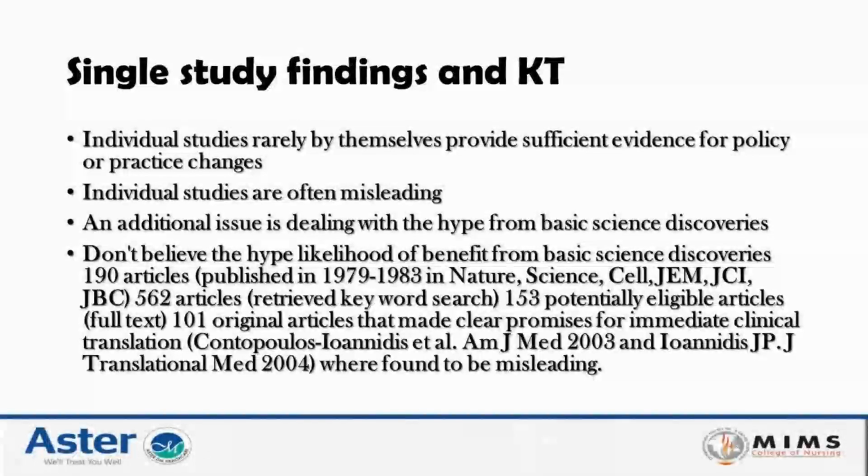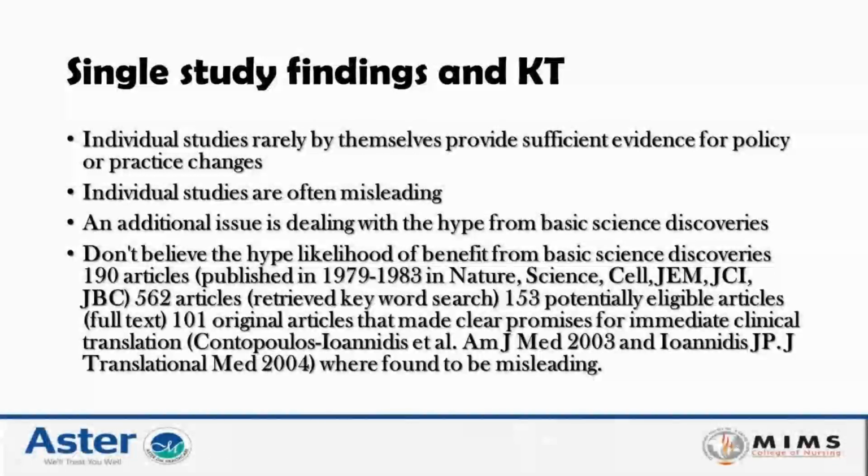Likelihood of benefit from basic science discoveries: for example, 190 articles were published from 1979 to 1983 in Nature, Science, Cell, JAMA, JCI and JBC, and 562 articles were retrieved by keyword search, 153 were potentially eligible articles in full text, and 110 original articles made clear promises for immediate clinical translation. All these were found to be misleading.